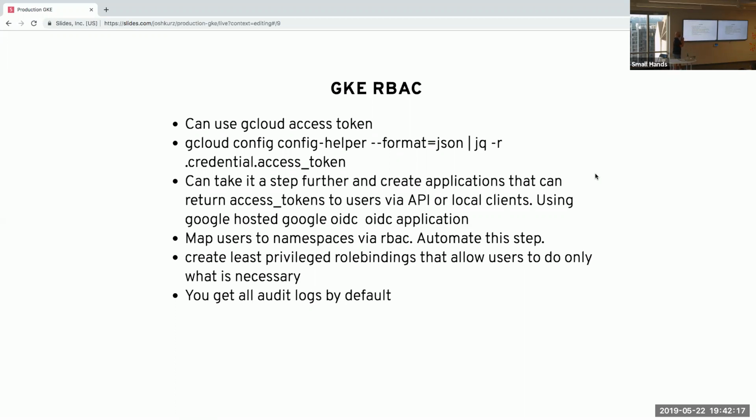Using the access token makes it very simple for users to communicate with the cluster, and for you to lock the cluster down to what they can do. You also get audit logs that map exactly which command was done by which user if you force all users to communicate with the API through their access token. So that's really good.